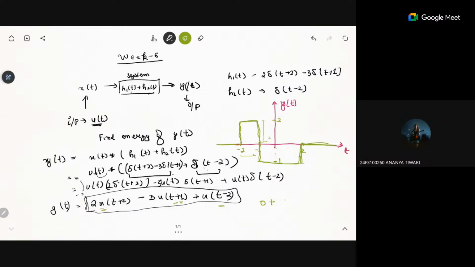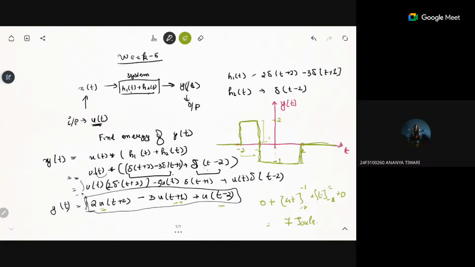So it will be t from minus 2 to minus 1 and then plus t from minus 1 to 2 plus 0. So it comes out to be 7 and it's the energy. So it's joule.